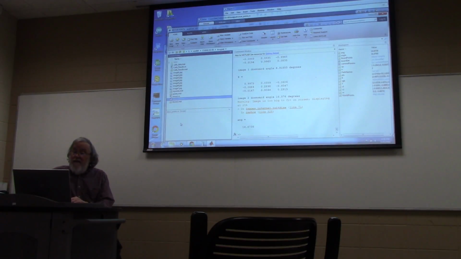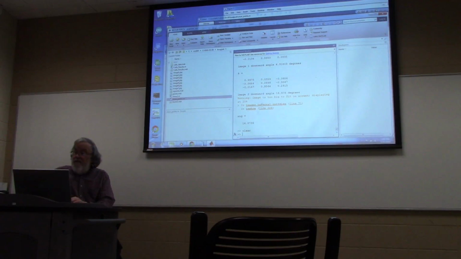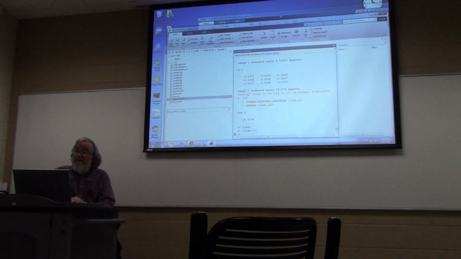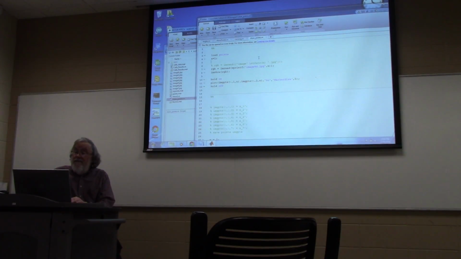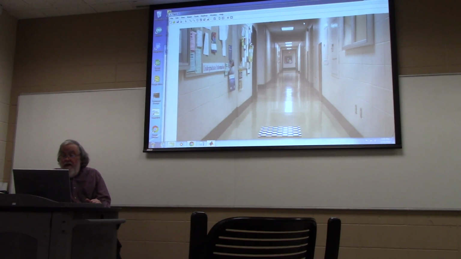Let's clear stuff. Okay, so there is the first image, and those are the corner points for it.